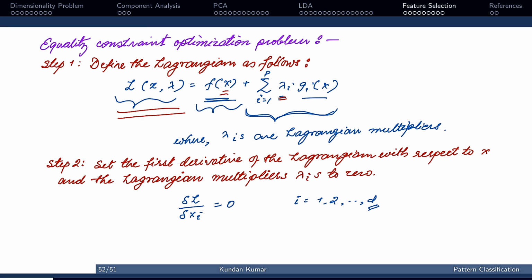So we take the derivative of the Lagrangian with respect to d different variables, and then we have del L by del lambda_i, the derivative of the Lagrangian with respect to the different Lagrangian multipliers.